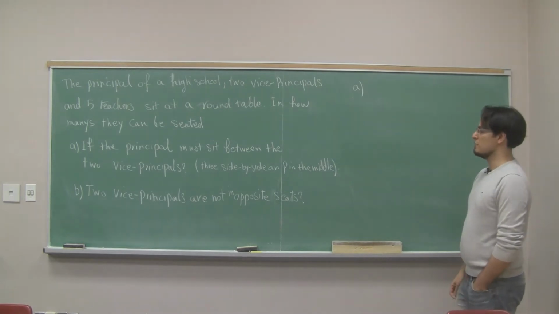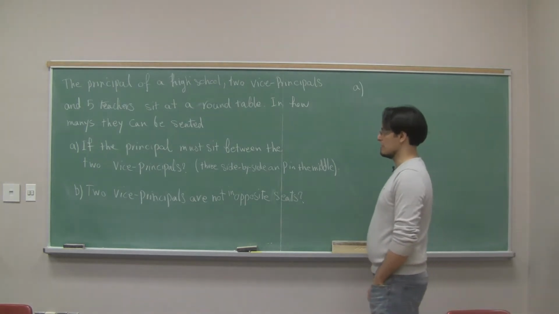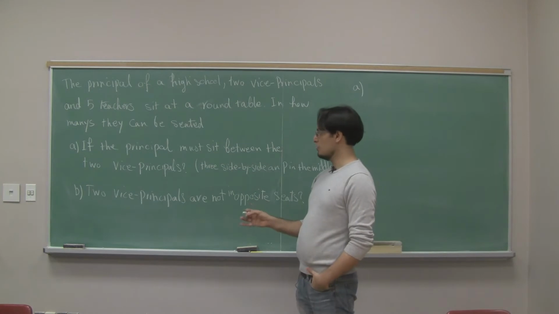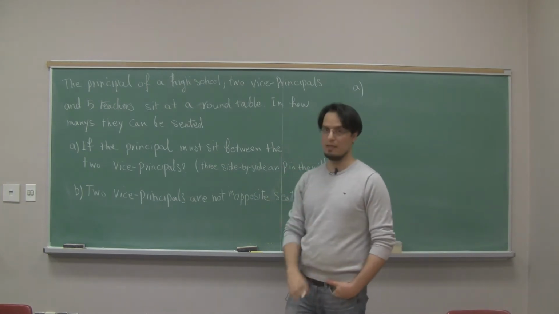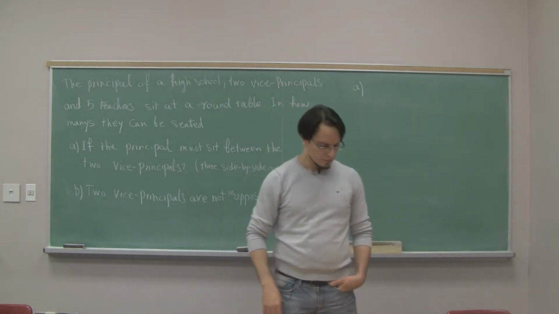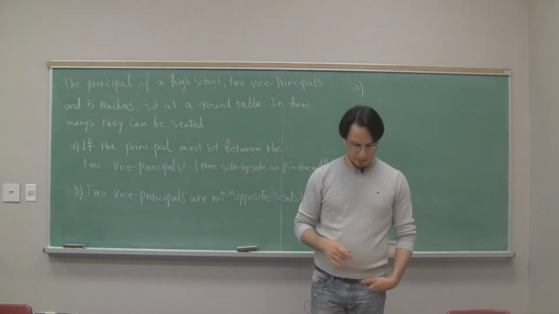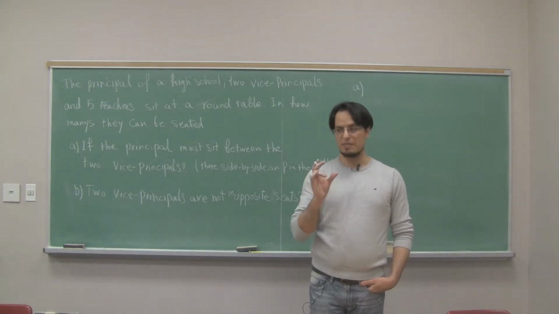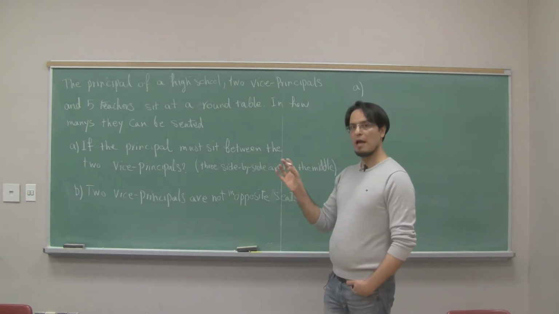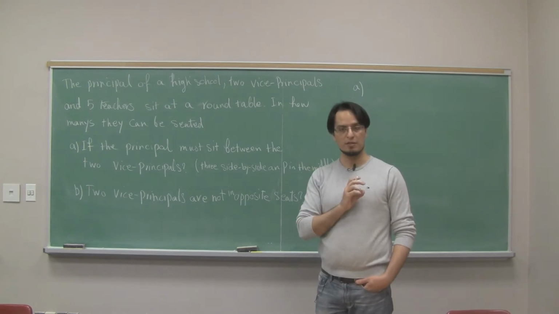In how many ways can we ask them to sit such that the principal and 2 vice principals are together and the principal sits in the middle of these 2? To solve questions like this, we think of these 3 as one person.